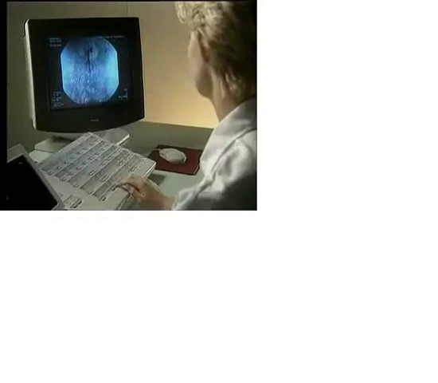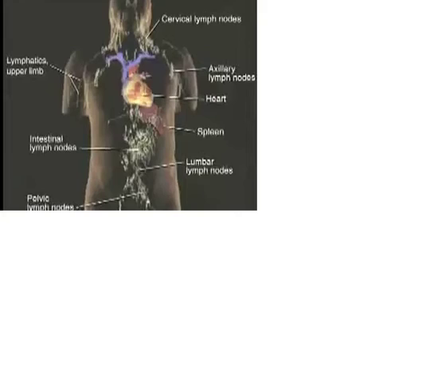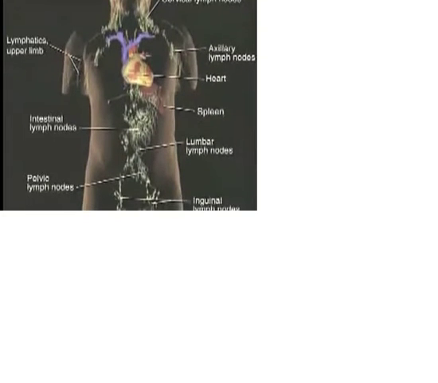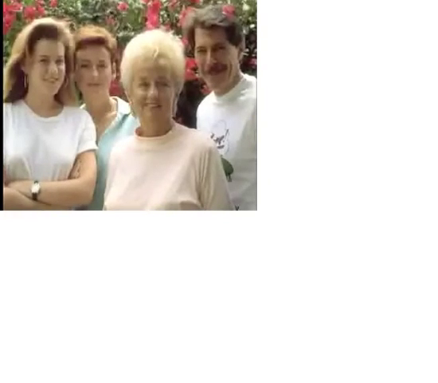Exposure to large doses of radiation and use of some cancer chemotherapy drugs increase the likelihood of developing acute myeloid leukemia. Chronic lymphocytic leukemia is characterized by a large number of cancerous mature lymphocytes and enlarged lymph nodes. Chronic myelocytic leukemia is a disease in which a cell in the bone marrow becomes cancerous and produces a large number of abnormal granulocytes, a type of white blood cell. This disease may affect people of any age.